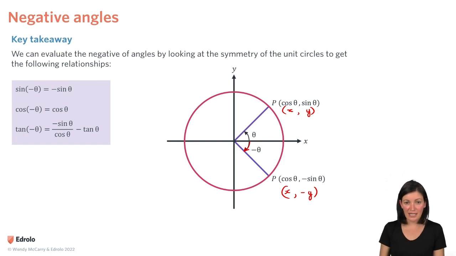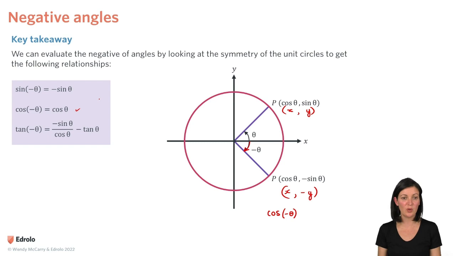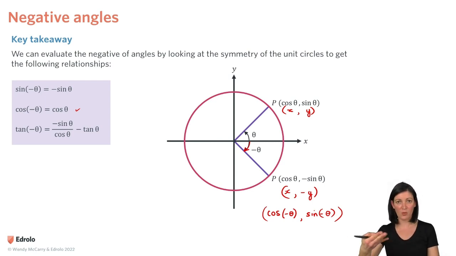So what this tells me is that this is the cos of negative theta. It's actually equal to just the cos of theta, which is this relationship here. So those two are equal. But if I look at the sine of negative theta, that's equal to the negative of sine theta, because that y value is reflected and it's now negative y.